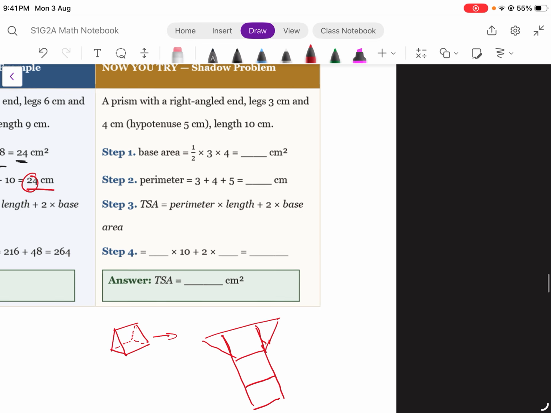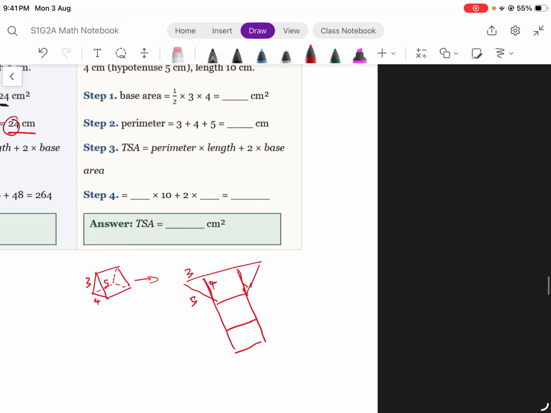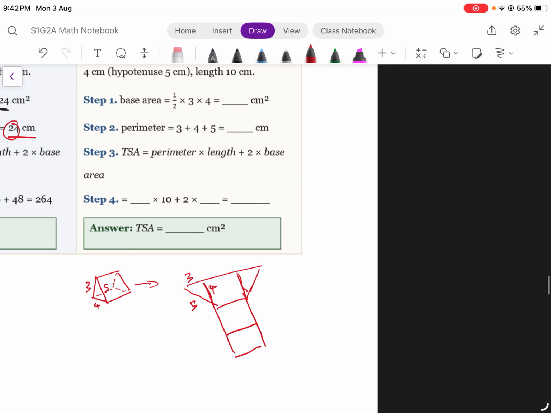So from here you have a right angle, leg 3, 4 here, hypotenuse 5. So legs 3, 4, 5, and then this one is length 10. From here we find our base area of the triangle. Half times 3 times 4, 6. Then we find the total length here.